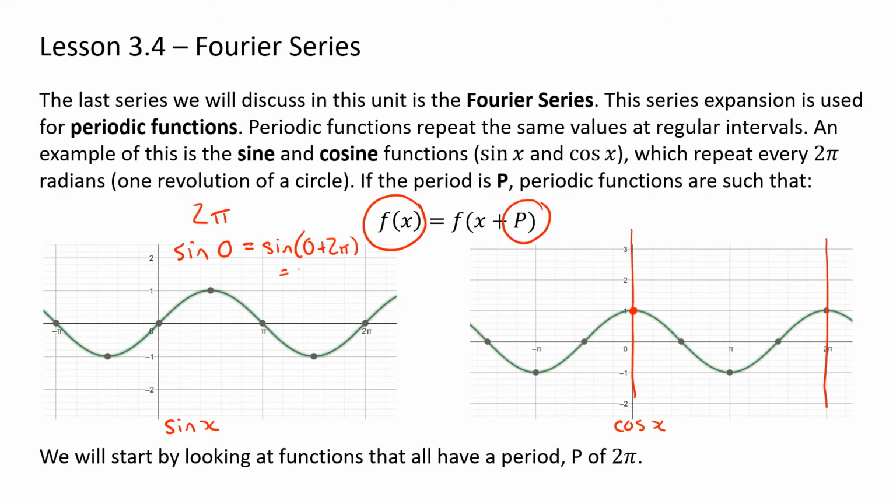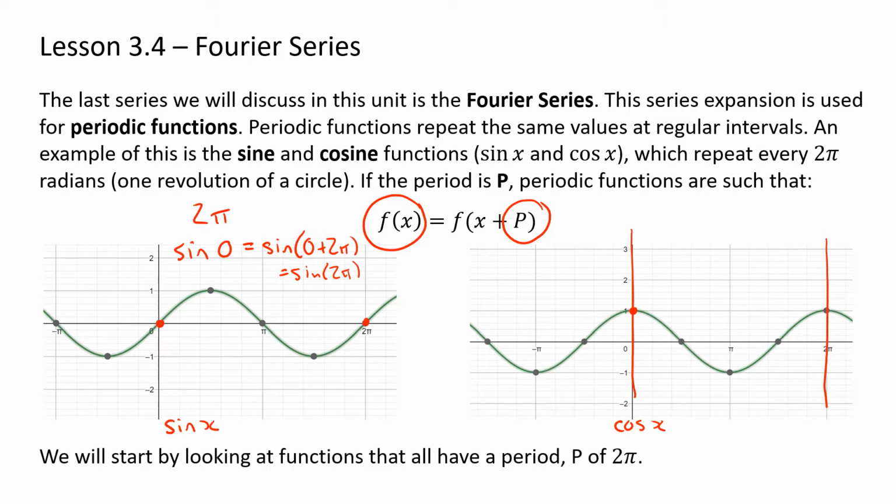And that's equal to the sine of 2 pi. Okay? And we can look at this graph and see that that is true. So sine of 0 is 0. Sine of 2 pi is also 0. Okay? So that's what it's saying when you look at a periodic function.